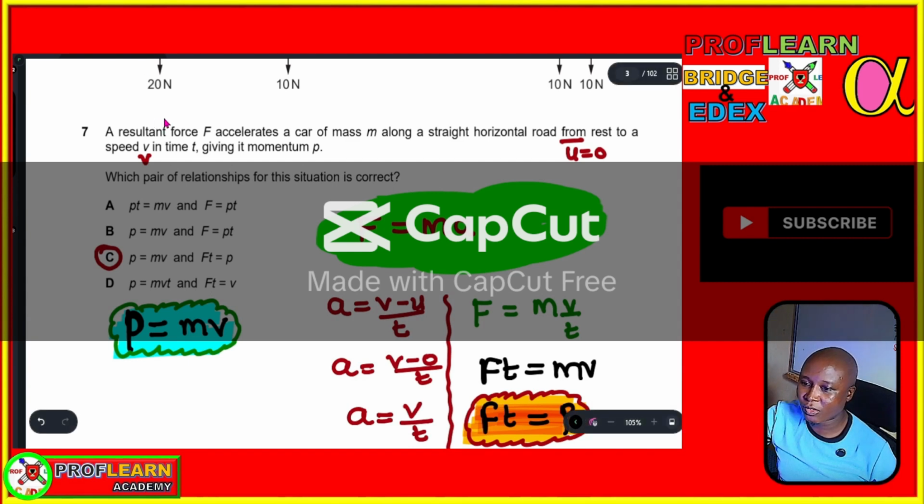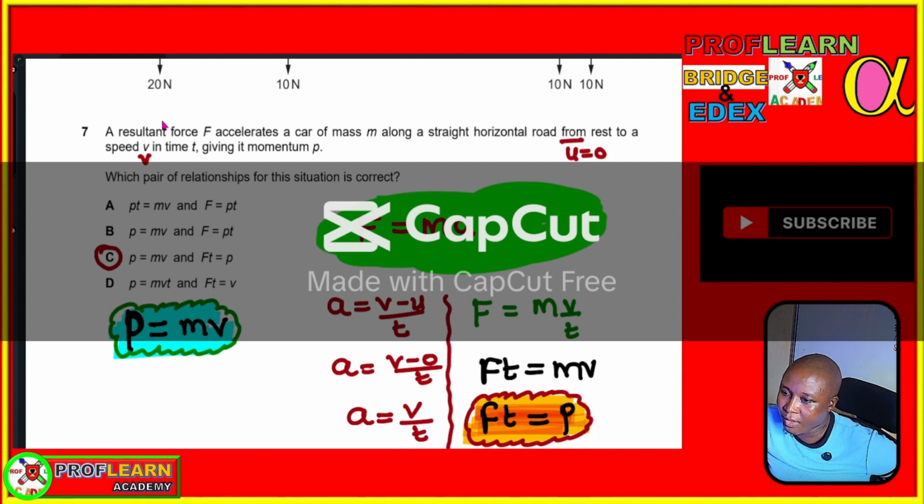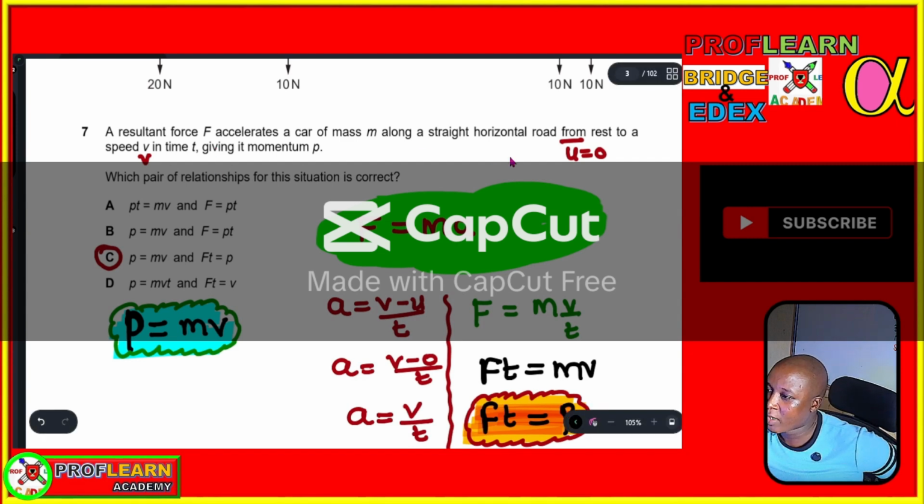Now, the resultant force F accelerates a car of mass m along a straight line. So at this point, you need to remember the force is equal to mass times acceleration. And we are told that the initial velocity was 0 because it was starting from rest. So if you want to work out the acceleration, it will be v minus u over t. In this case, acceleration in terms of v and t will be v over t.